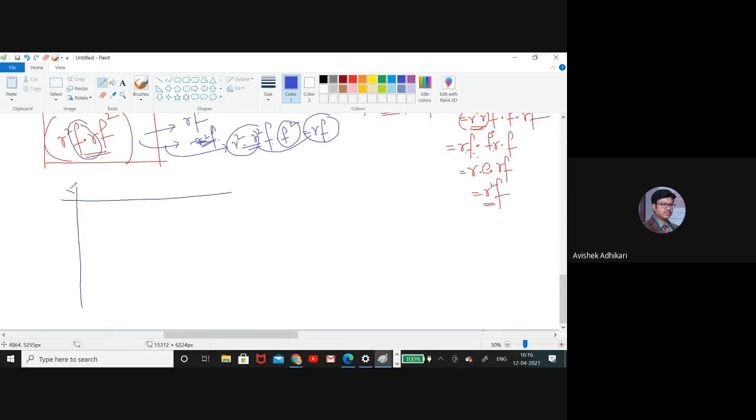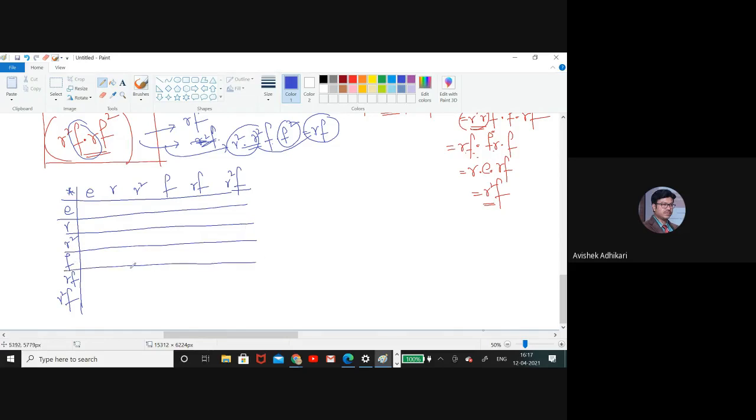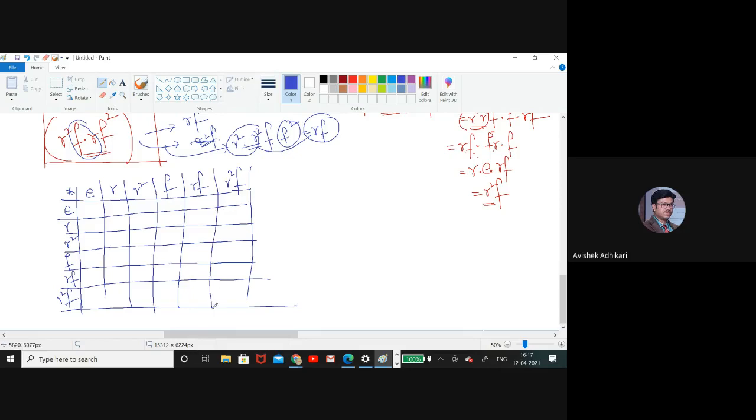You can define this operation like this, and you start with E, R, R square, F, RF, R square F. Similarly for the rows. Then by using this simplified formula, you can simplify it and you will see that none of this composition will go out of these 6 elements, and that gives you the closure property and proves that it really is a group.